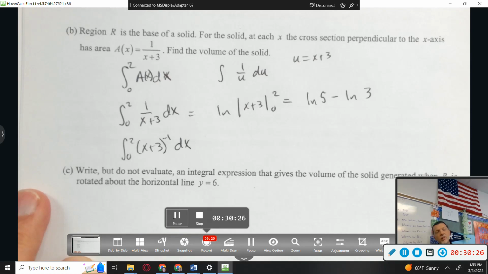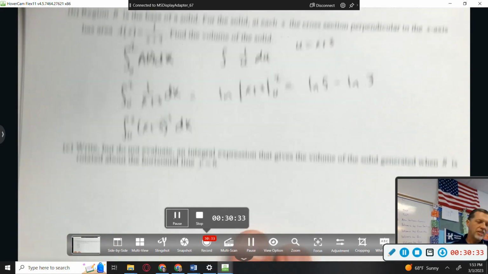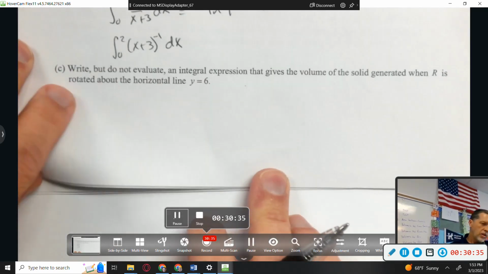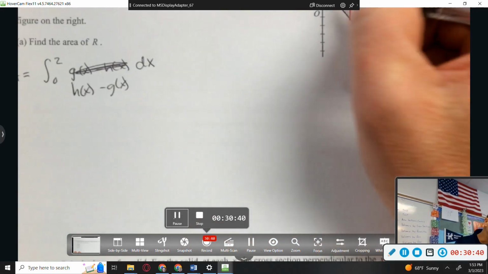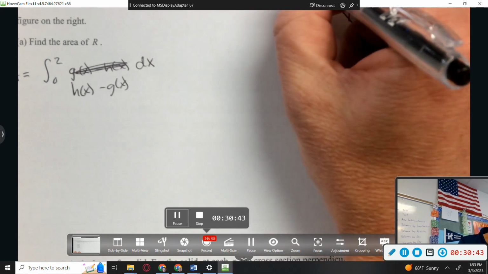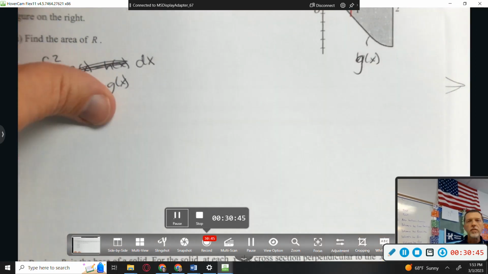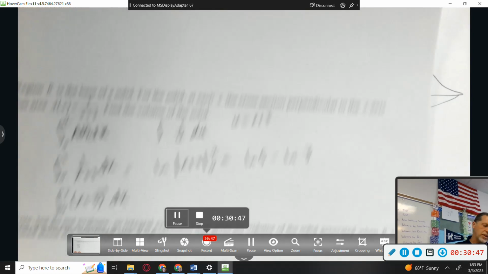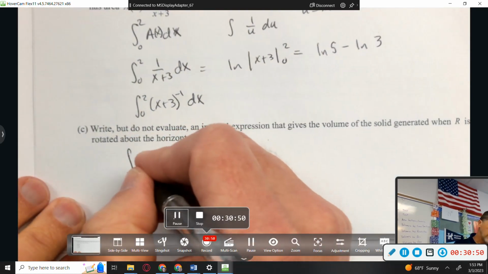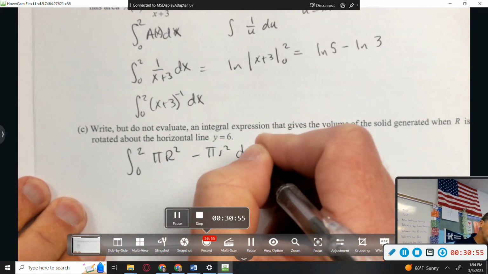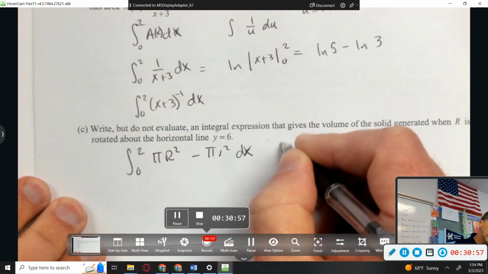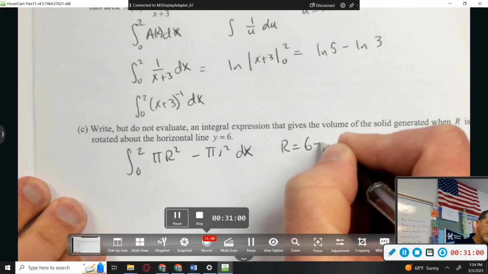Which would be the natural log of 5/3. I would not go that far. I would safely stop at what you've got right there. But you're right, it would be natural log of 5/3. Right, but do not evaluate. When we rotate around y equals 6, 1, 2, 3, 4, 5, 6, that's an outer R minus inner r. The integral from 0 to 2 of big R squared minus little r squared dx.